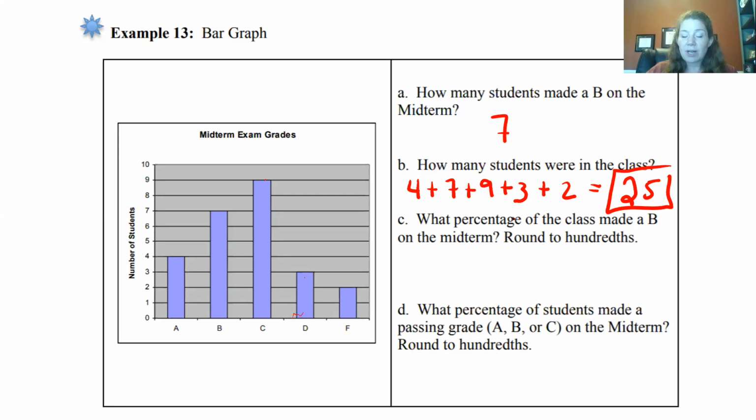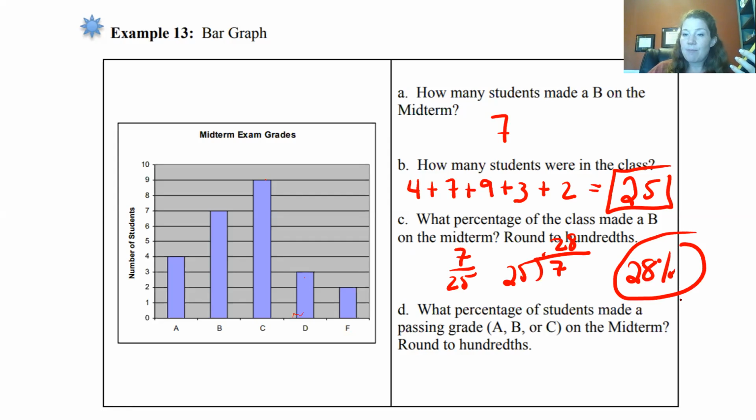So our ratio is 7 out of 25. So 25 doesn't go in the decimal box, the 7 does. I apologize. All right, 7 divided by 25 is 0.28. So 0.28 would be 28%. 28% of the students made a B on the midterm.